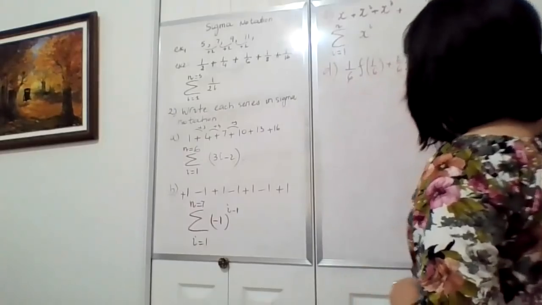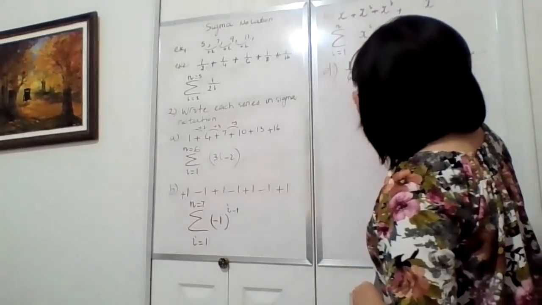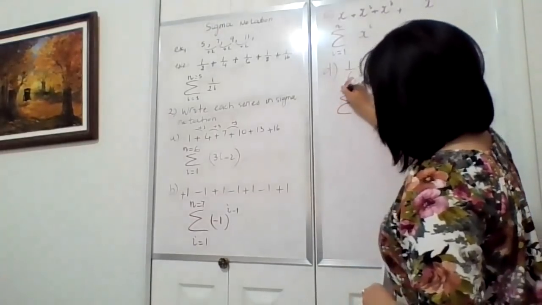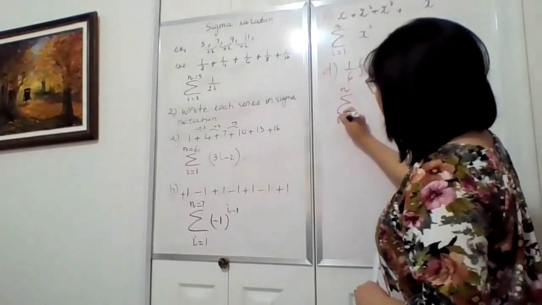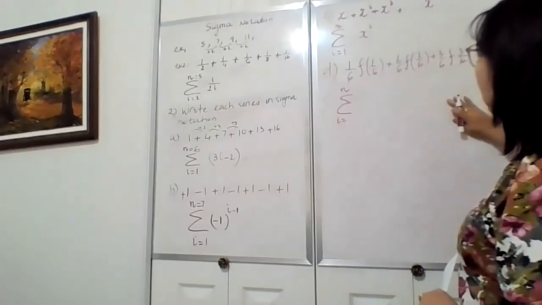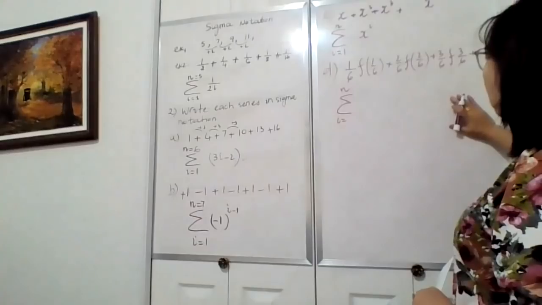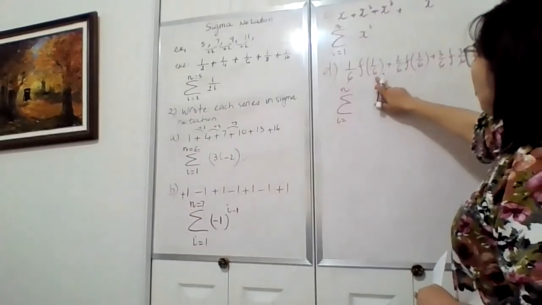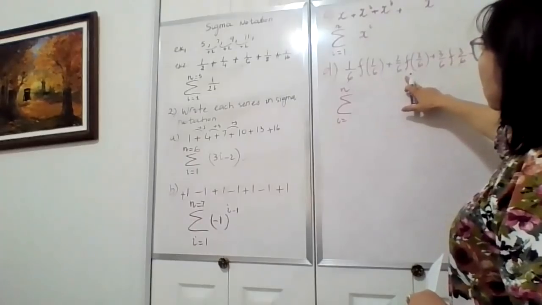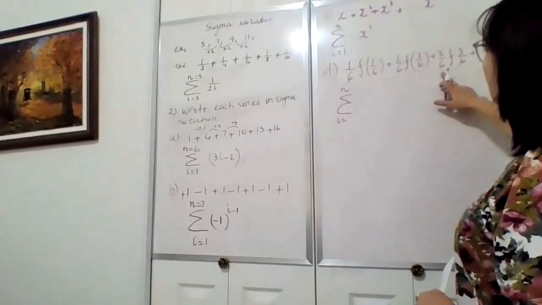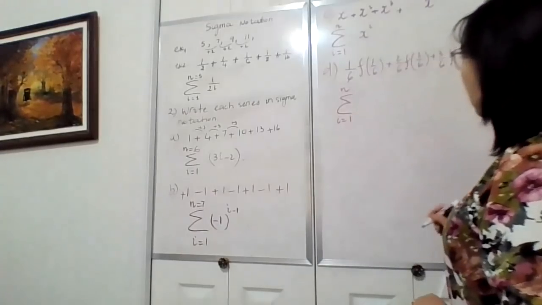So how are we going to write the sigma notation? So our sigma notation will be n again. We don't know how many terms we have. I will be equal 1 over 6, 2 over 6, 3 over 6. So I equal 1 again, right?